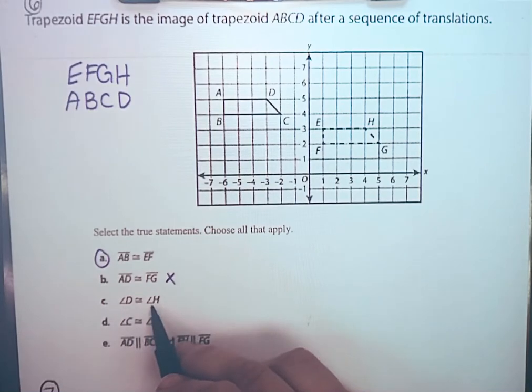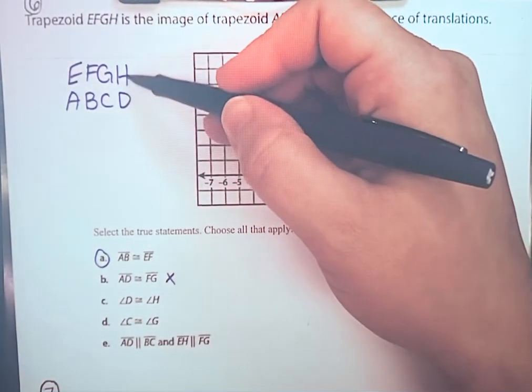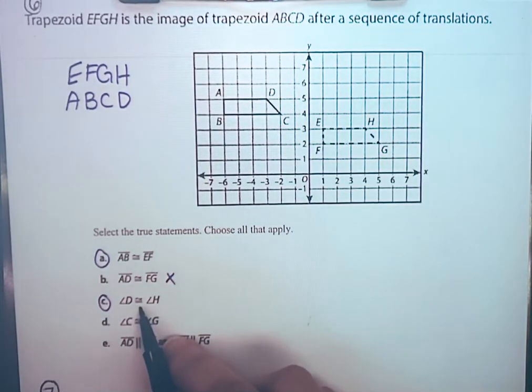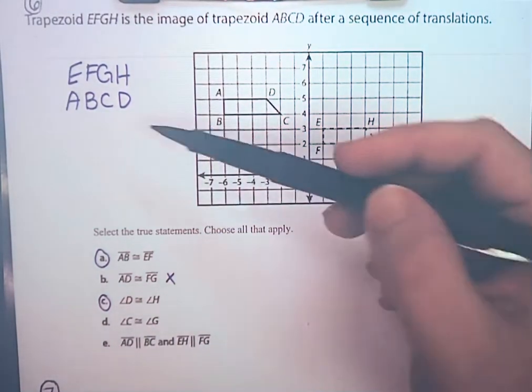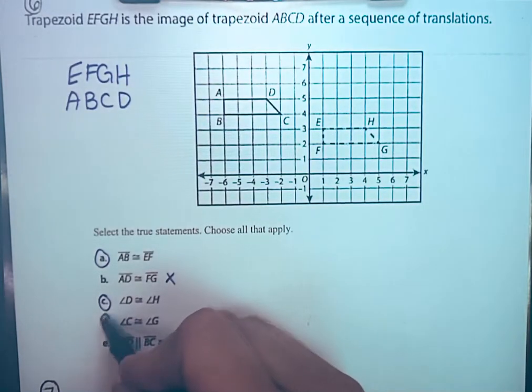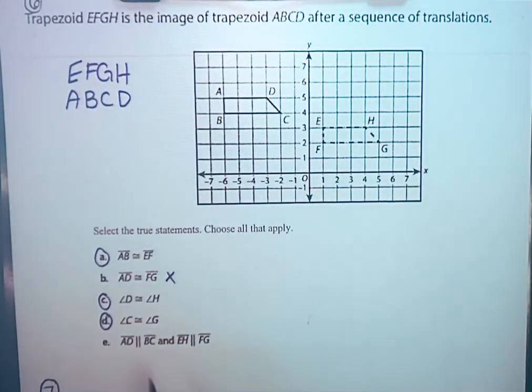Angle D and angle H match. I just stated that earlier. That is true. That means they're congruent. They're the same measurements. Angle C and G are congruent. That is true. And then this symbol right here means parallel. So we're saying AD is parallel to BC.